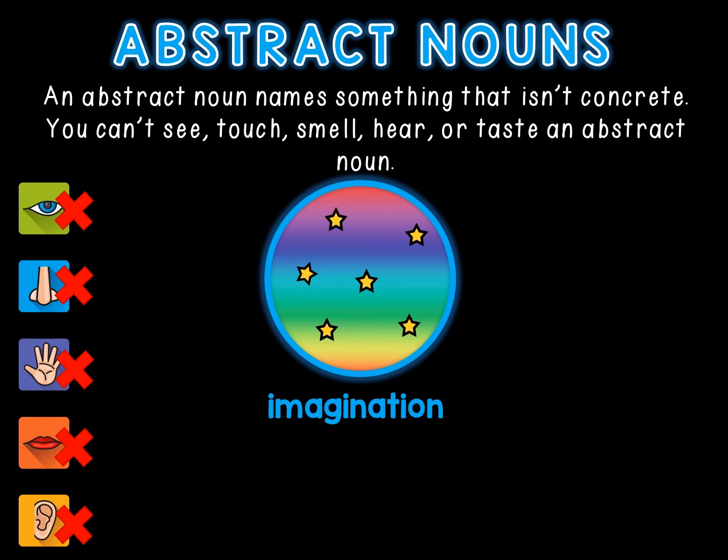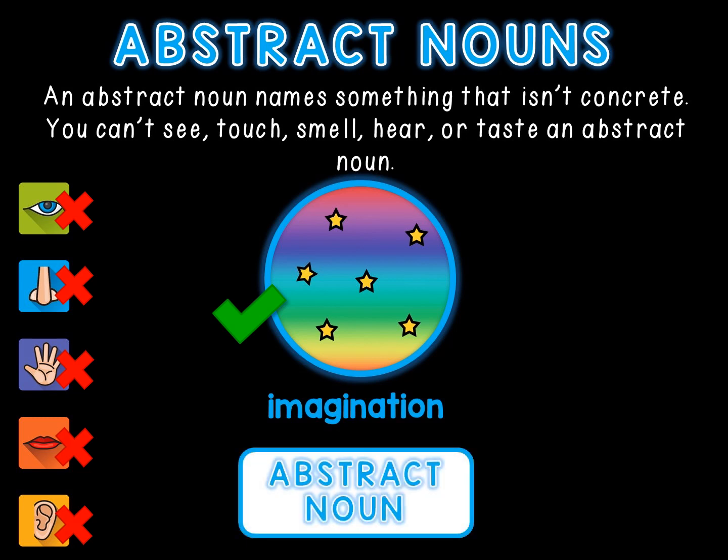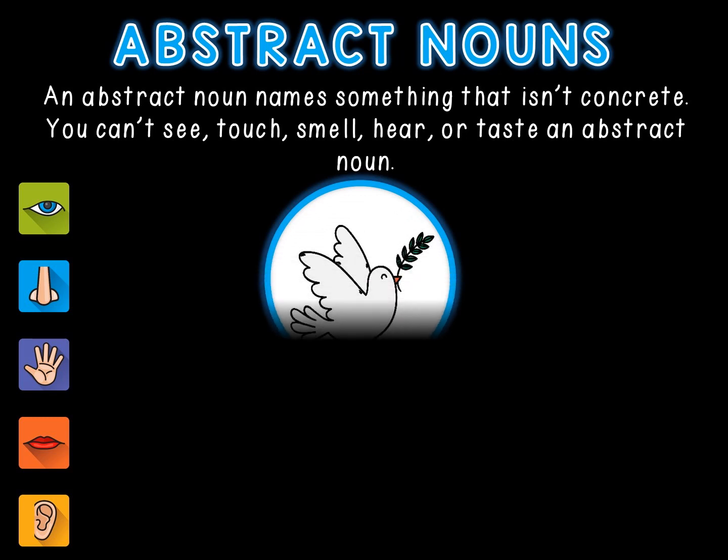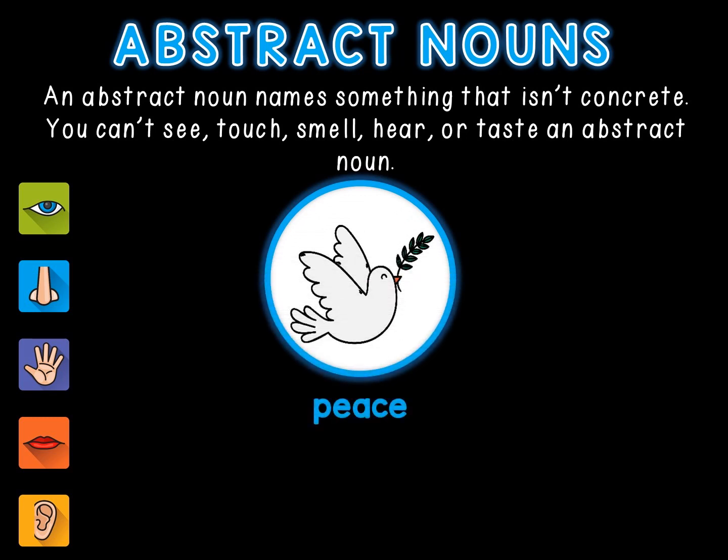So once again, it has to be an abstract noun. Peace. I can't see it, can't smell it, can't feel it, I can't taste it, and I can't hear it. So it has to be an abstract noun.